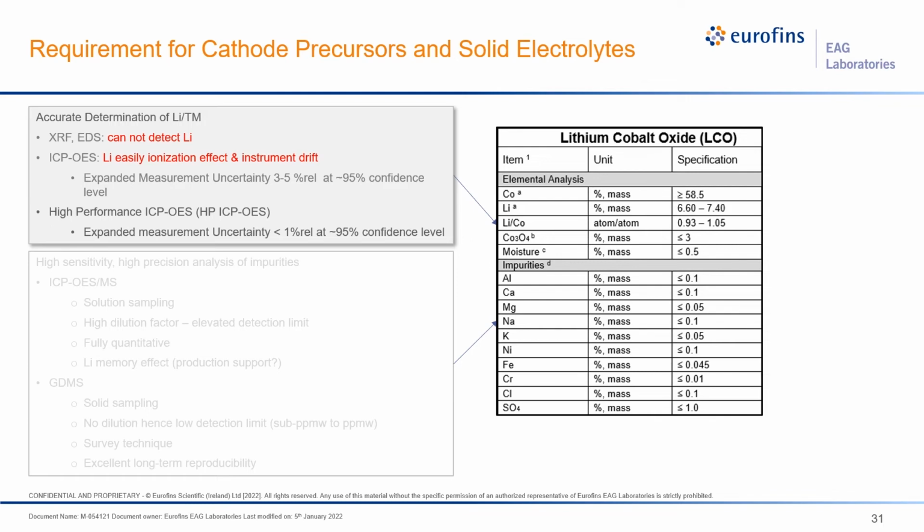This allows us to do precise measurement of the lithium transition metal ratios. With that, we can effectively evaluate the deficiency or excess of lithium in the lithium transition metal oxide precursors. And for that, we have also developed a white paper regarding the high performance ICP-OES technique for analyzing complex oxides.